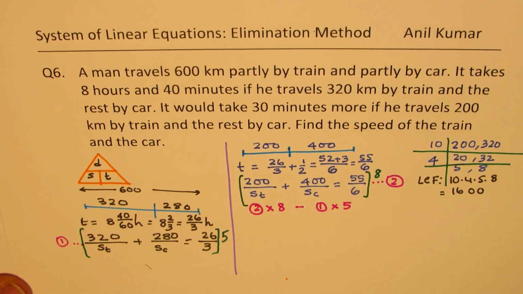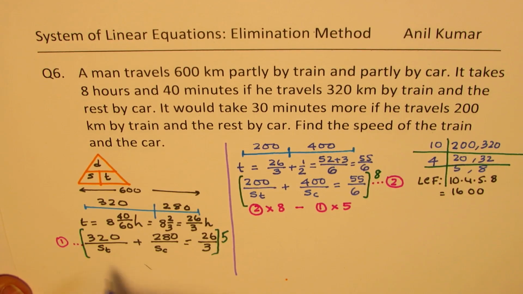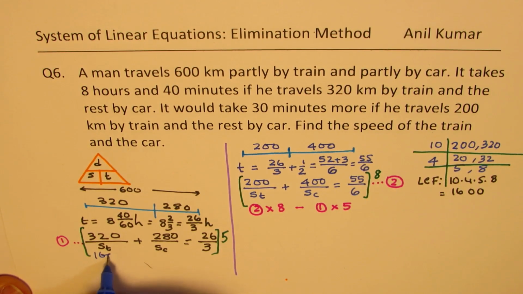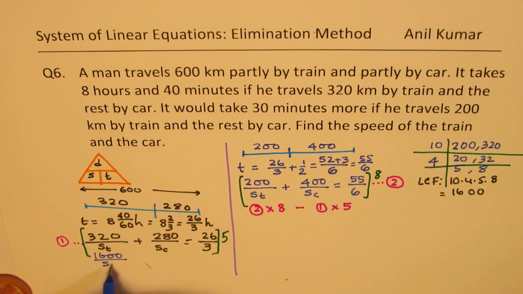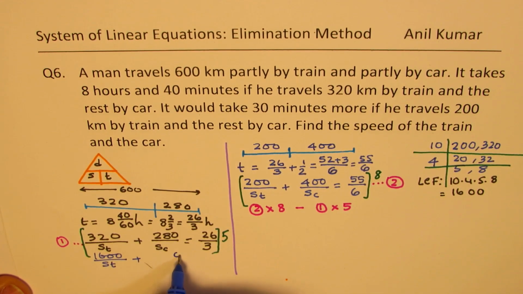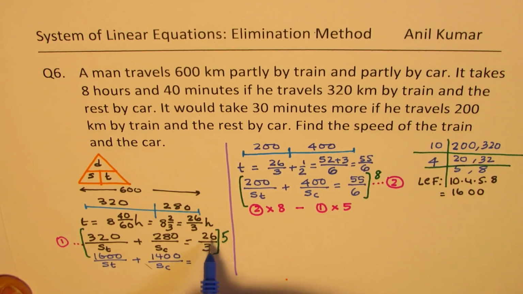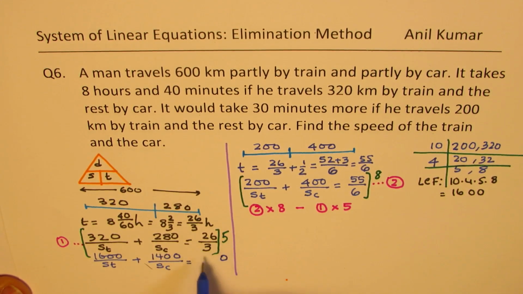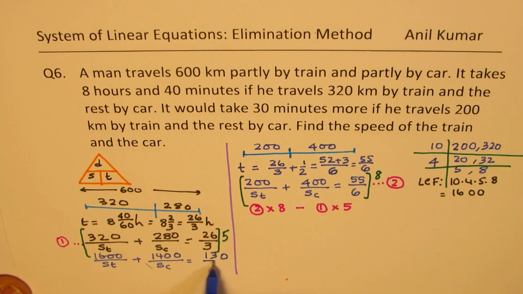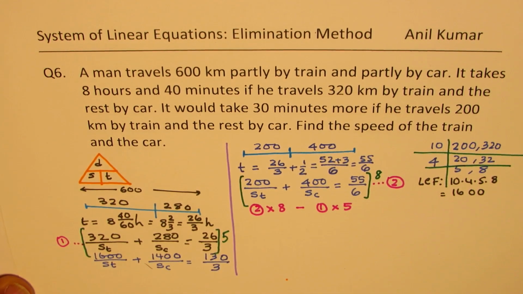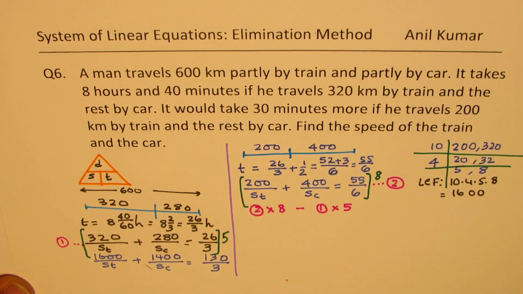So now, when you multiply this by 5, what you get here is 1600 over speed of train plus 5 times 280, which is 1400, over speed of car equals 2. 5 times 6, 33. So 130 divided by 3. Clear? So that is what you get in this case.